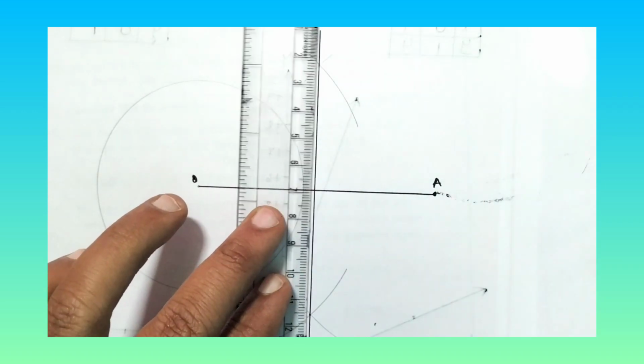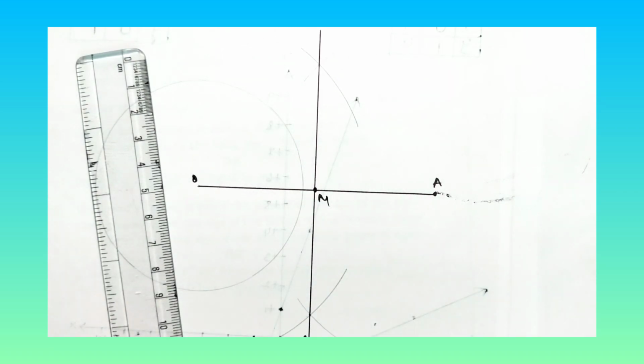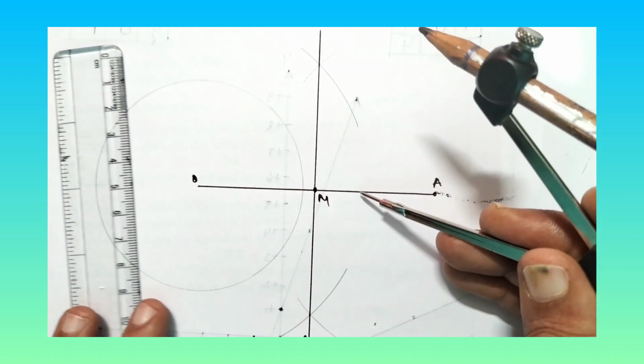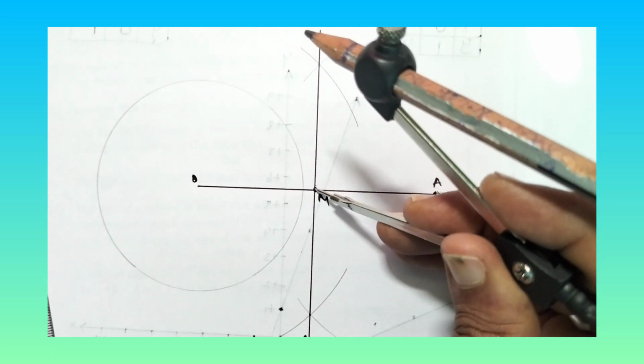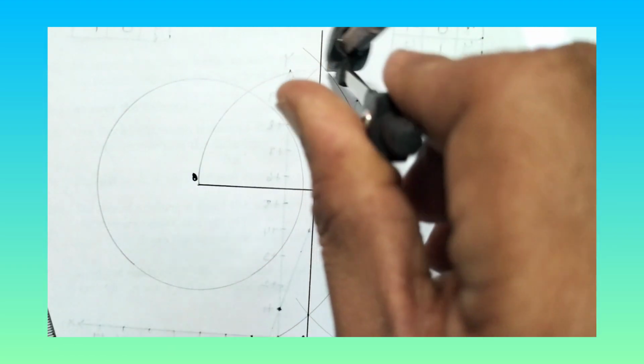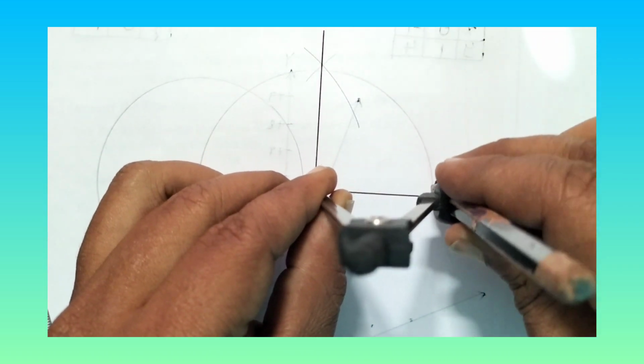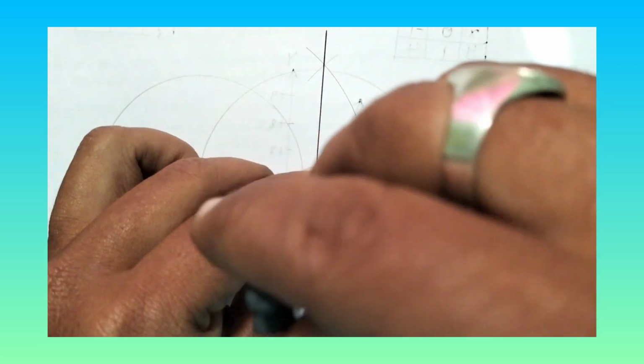That means we are drawing a perpendicular, and you call this intersecting point as M. Now you keep the compass needle at M, you make the pencil touch O and you draw one circle such that that circle should touch both the center of the circle O and also A, the external point.